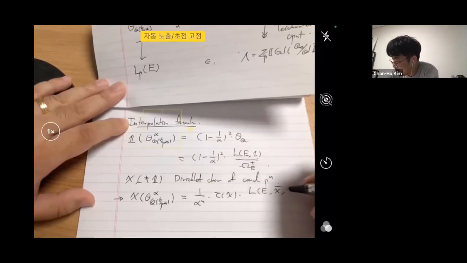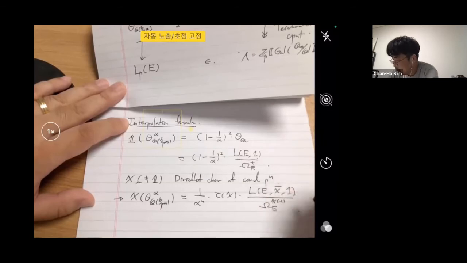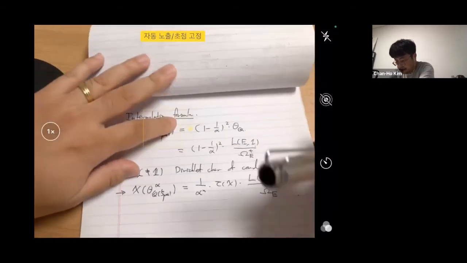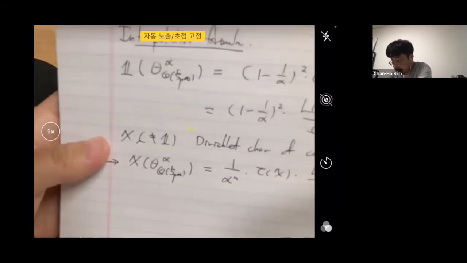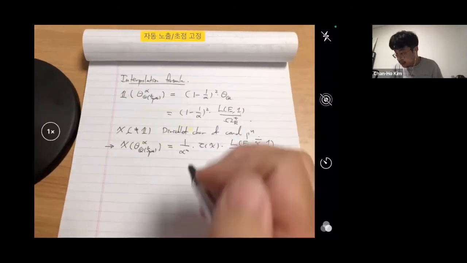So I consider the complex conjugation of chi. And here also the sign of the period depends on chi of minus 1. And this interpolation formula also characterizes this element.